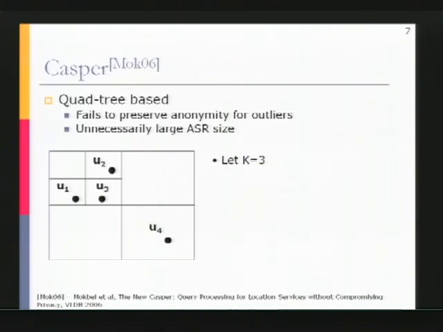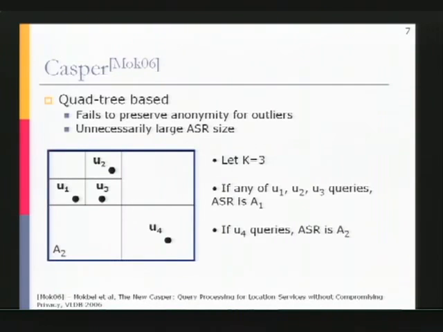And maybe let's assume that any of U1, U2, or U3 issues a query. According to the algorithm that we have just described, the cloaked region obtained will be A1, the red rectangle. Now, if a query is issued by U4 with the same parameter k, we will obtain the A2 region, which is obviously larger.